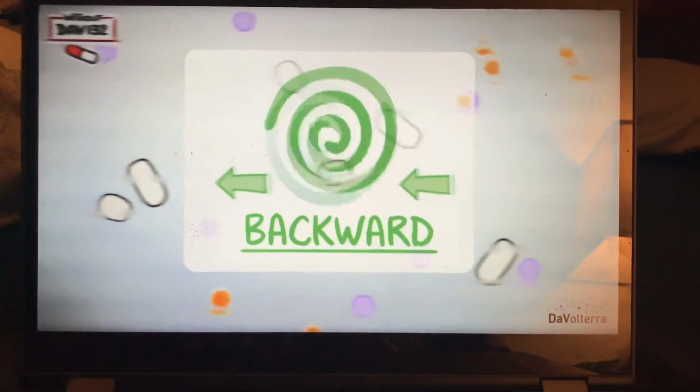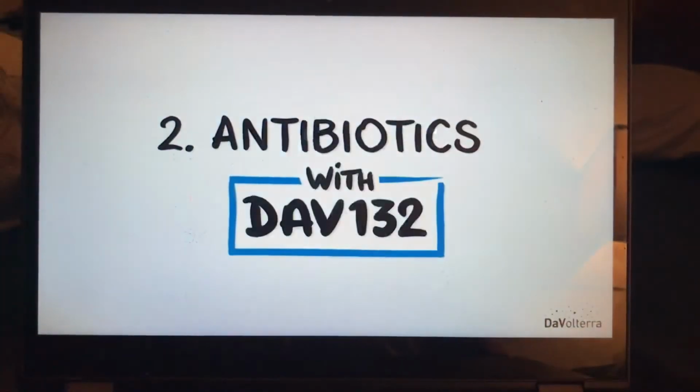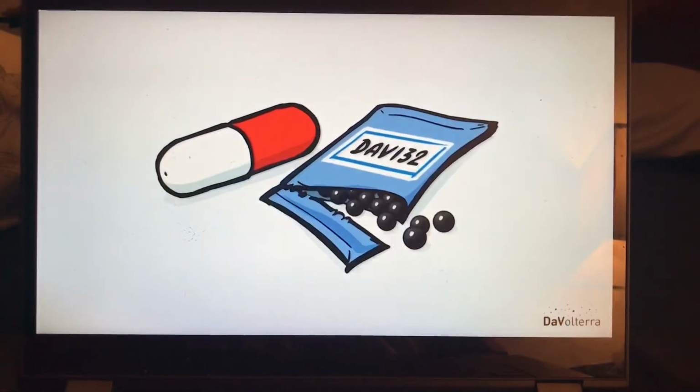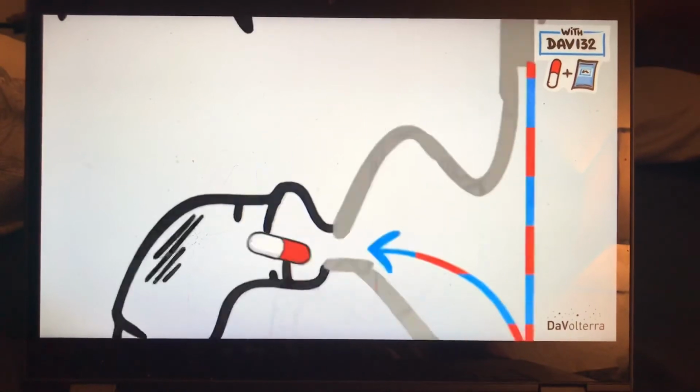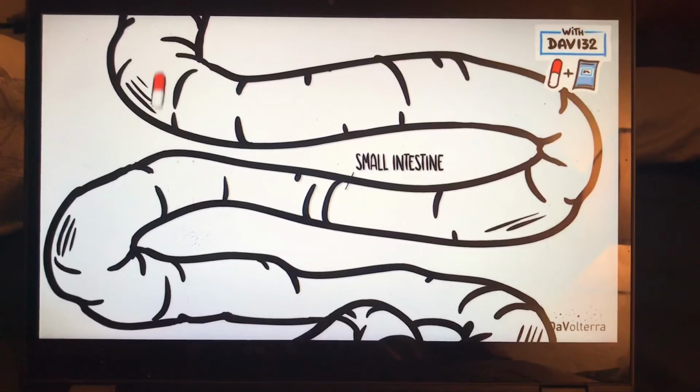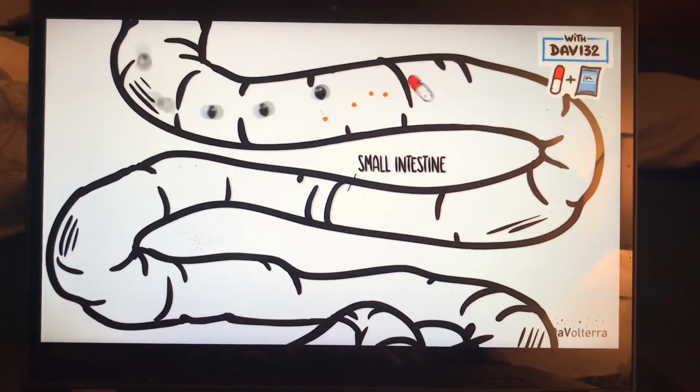difficile colonization and infection. Now, we take DAV132 along with the antibiotics. Both reach our stomach and small intestine. The antibiotic pill starts to dissolve and releases the active principle, which is absorbed.